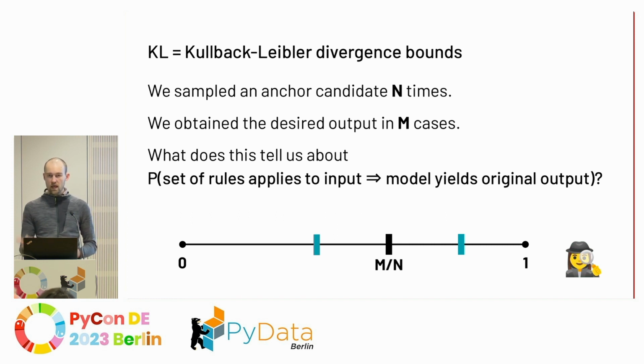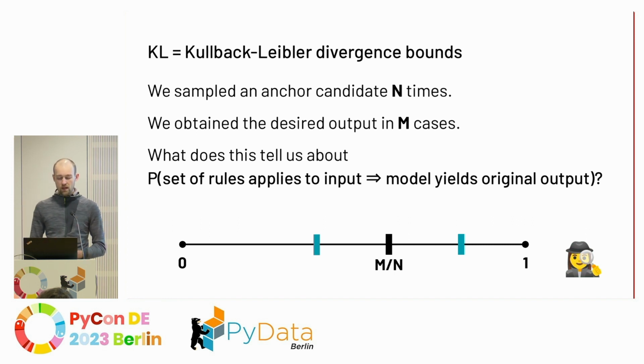So we've seen it m times out of n, so this is our belief. But of course, if you've just done this once or twice, it's very unlikely that we have the true probability. It might be that it just produces a positive sentiment in 5% of the cases where the rules are fulfilled, and we've just gotten unlucky that we've seen a positive sentiment in the first two attempts.